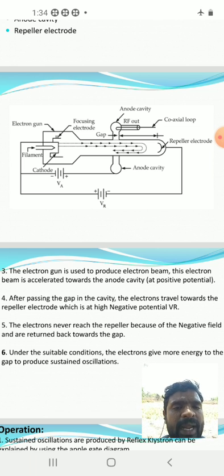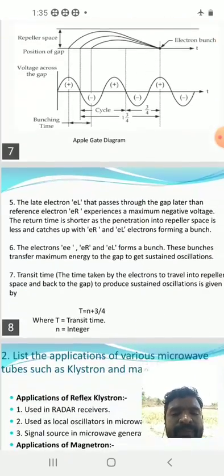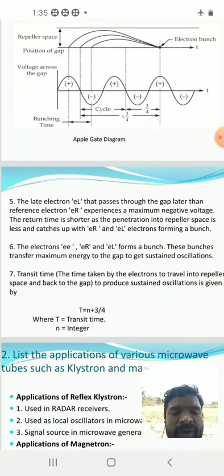So the total time taken is called the transit time. This transit time is T equals n plus 3 by 4, where n is the number of integers and T is the transit time.